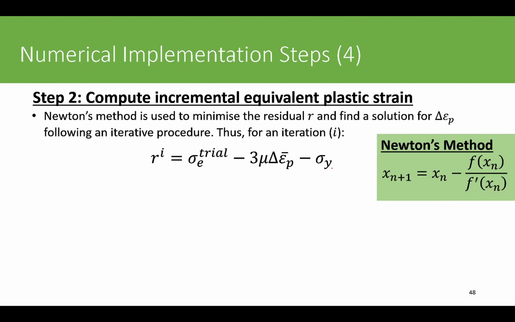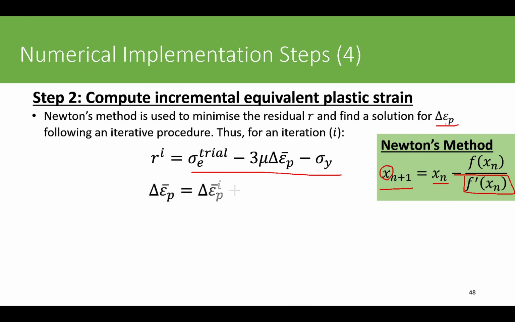If you're not familiar with Newton's method, to get a new value, in this case delta epsilon p we are after, if our unknown is x, then for an updated value of x n plus 1, we will use the previous value of x n, the function at x n, which is this in this case, and then the derivative of the same function with respect to the variable we are after, which is this delta epsilon p.